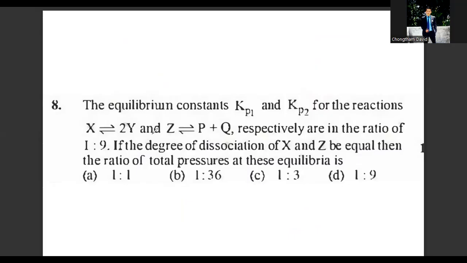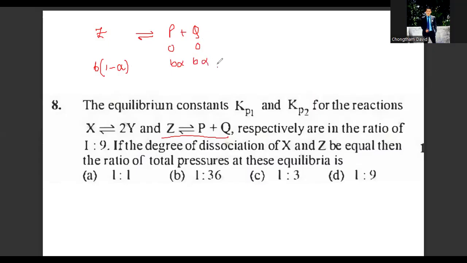And for this next reaction, Z giving P plus Q, let us consider the initial moles of P and Q as 0, 0. At equilibrium, we have considered B as the number of moles, so B times 1 minus alpha, B alpha, B alpha.